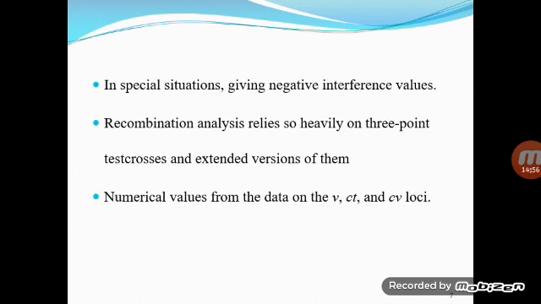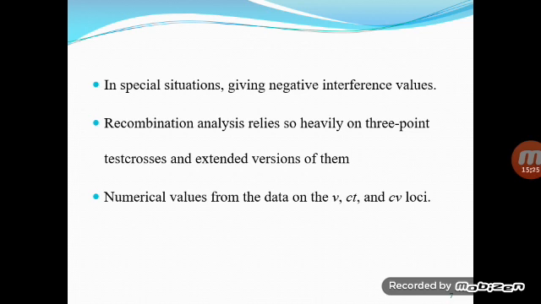Recombination analysis relies so heavily on the 3-point test crosses and extended versions of them that it is worth making a step-by-step summary of analysis ending with an interference calculation.